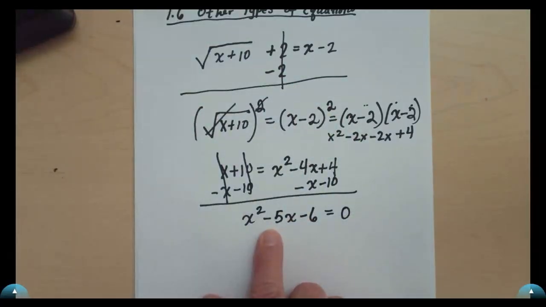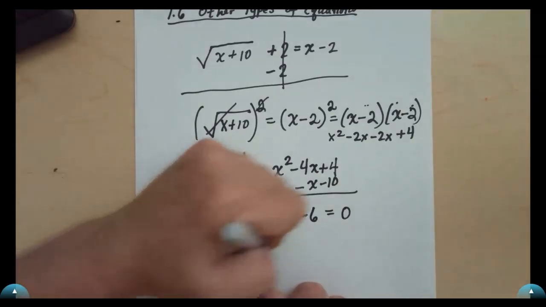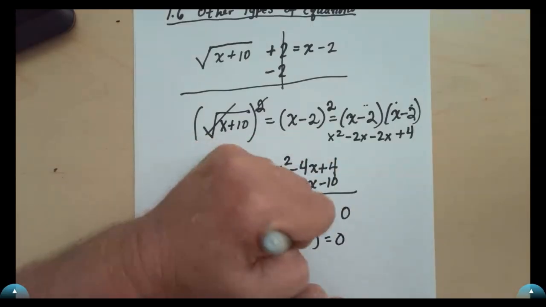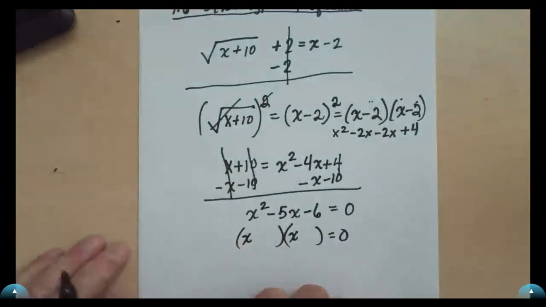And this is a quadratic equation that's set equal to 0. If I had to use the quadratic formula on this, I certainly could, but I don't think I need to because I think this can be factored. What are the numbers that I need there? 3 and 2. 1 and 6, which one of those is going to be positive and one's negative, right?